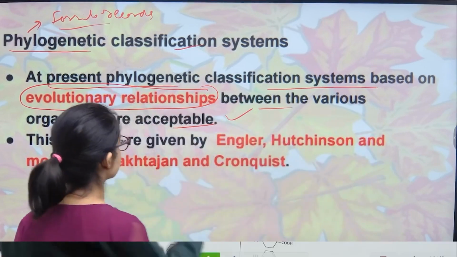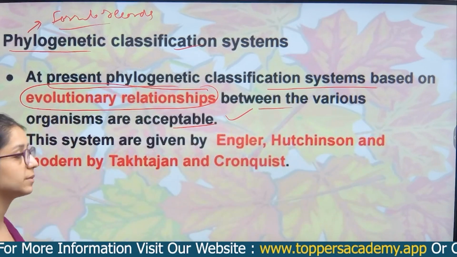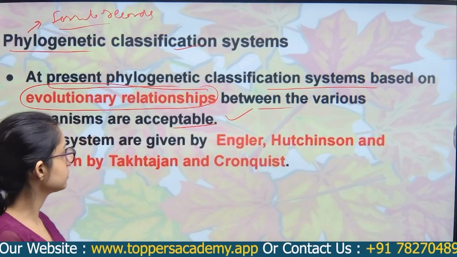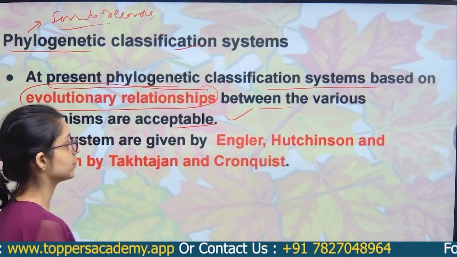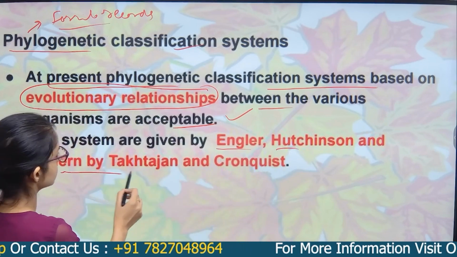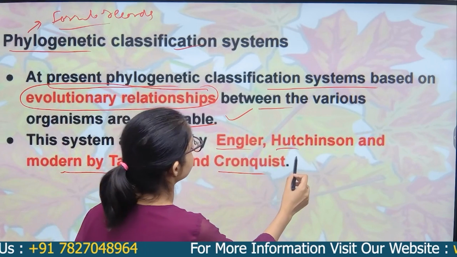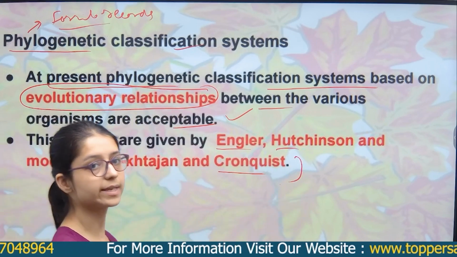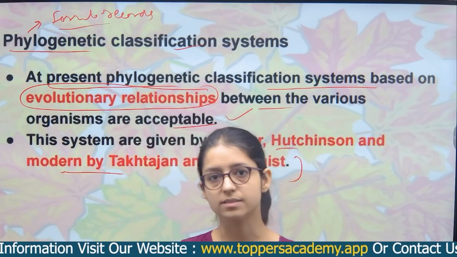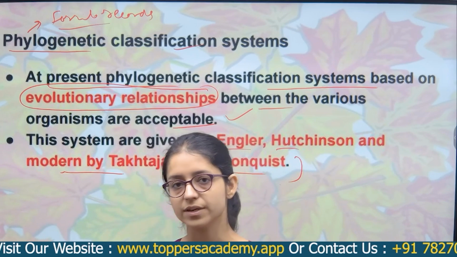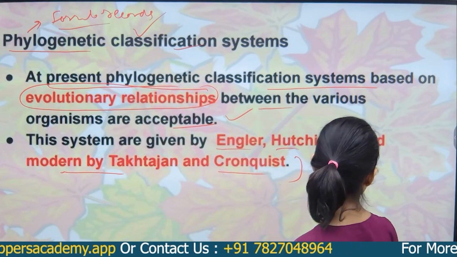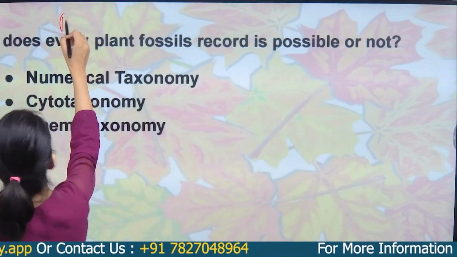In this classification, they classify plants by evolutionary relationship: what is the relation of that plant to this plant? This system was supported by Engler, Hutchinson, and, more recently, Takhtajan and Cronquist. So we read three systems of classification: the artificial, the natural, and the phylogenetic. Next is the phonetic system of classification.